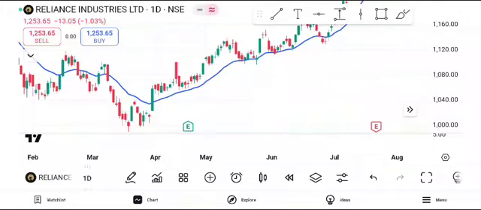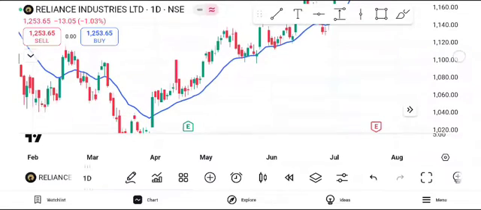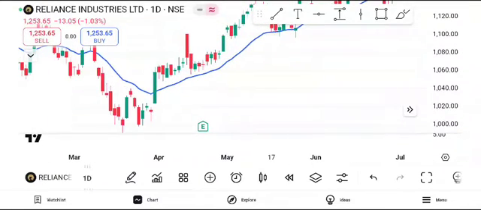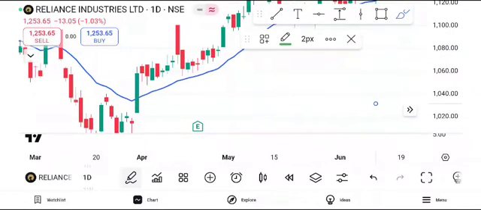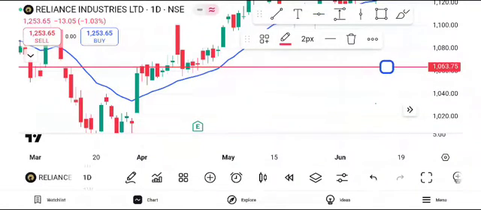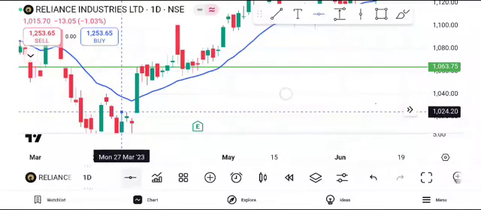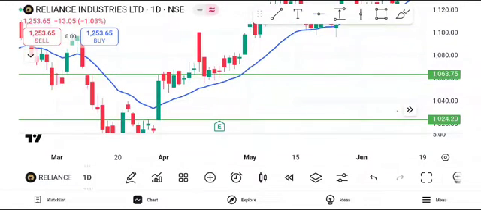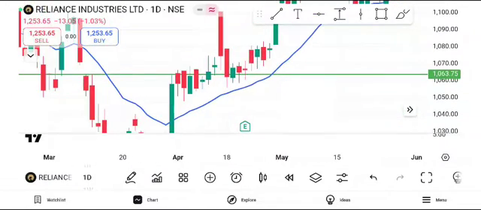For investing purposes we take the one day candle. Now see, this green candle closes above the 20 MA. Let's consider this the confirmation candle, the big one. Why?